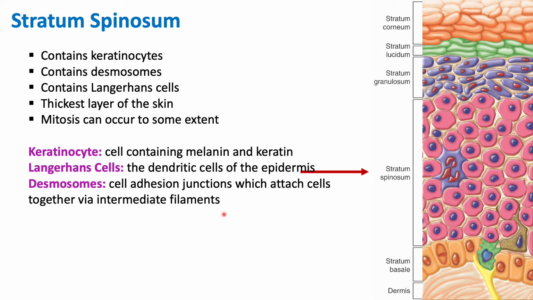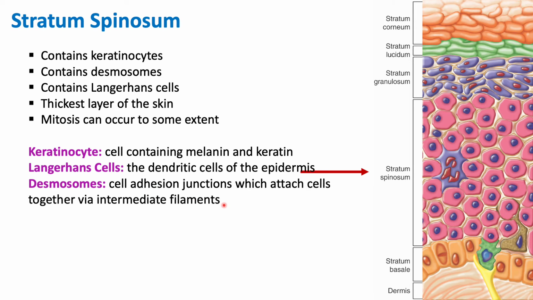Now, when these desmosomes attach these cells together through their intermediate filaments, this is what gives cells strength and flexibility. Because remember, our skin has to wrap around several structures, and we need flexibility in order for the skin to wrap around these structures. So the spinosum level is what allows that flexibility because of the attachment due to the desmosomes.